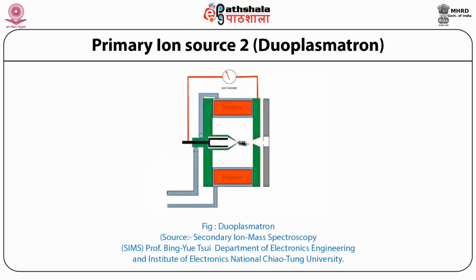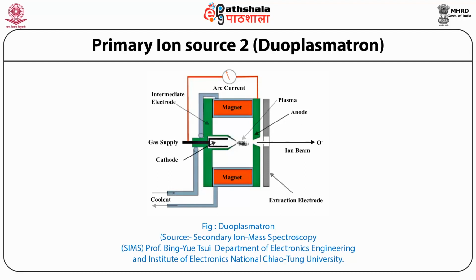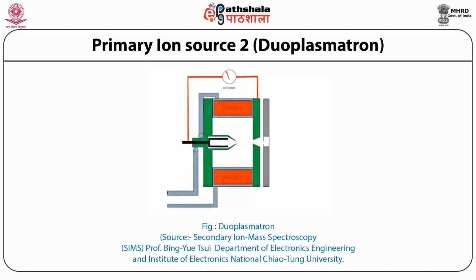The diagram or flow chart of primary ion source 1, which we called the duoplasmatron. The various components or parts have been labeled and can be seen very conveniently in this slide.